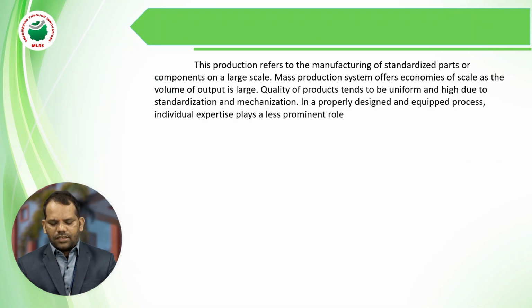Next, the batch production system refers to the manufacturing of standardized parts or components on a large scale. Here the material is equipped by people in large-scale activities. They spend a lot of money on production in bulk.